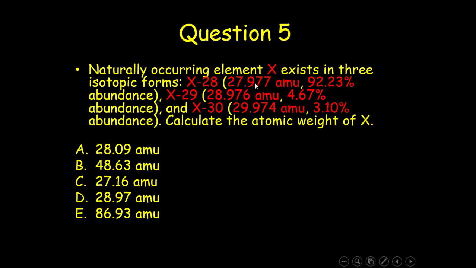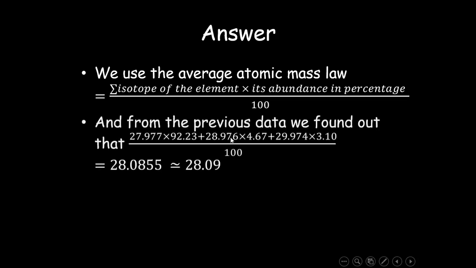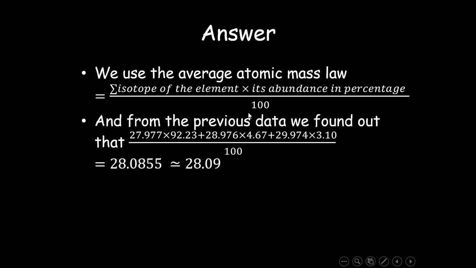We are going to use the 27.977 AMU, which was mentioned here. So again, we use the average atomic mass law. We write down the data that was mentioned in the question over 100. So the answer would be 28.0855, approximately 28.09. The answer is A.